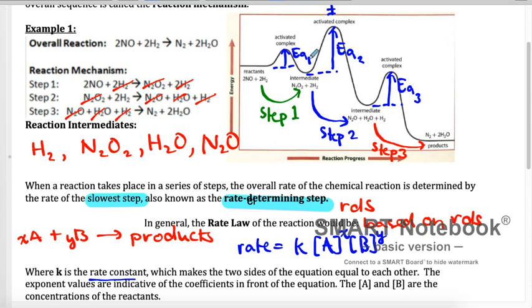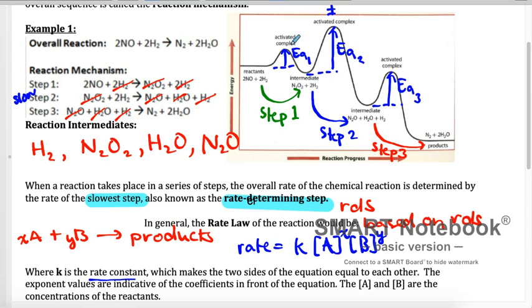EA2 looks like it is the largest in energy. It requires the most amount of energy to get from the reactant to the highest energy level, such that it will transition now to moving forward in the reaction to produce that product. So, since EA2 has the greatest energy barrier to overcome, this will be our rate determining step. This is going to be the slowest.